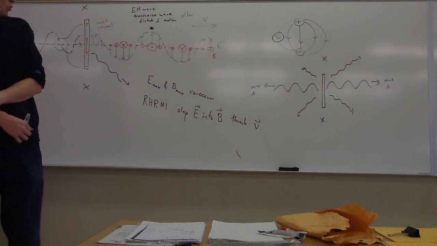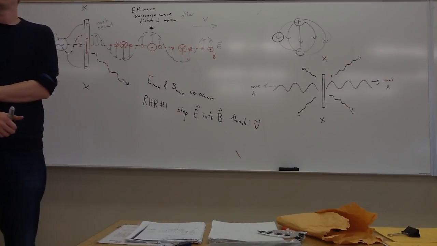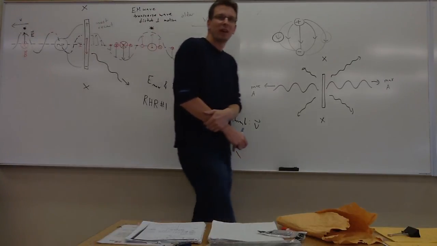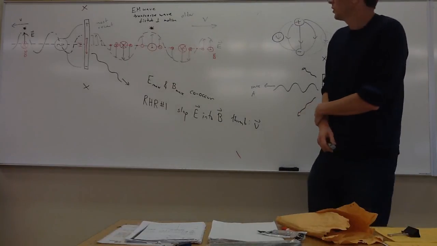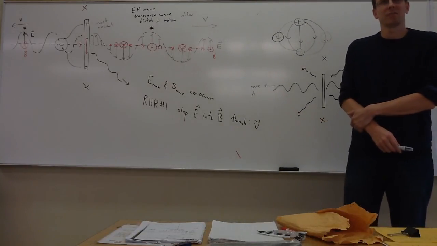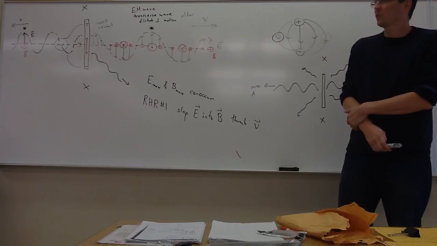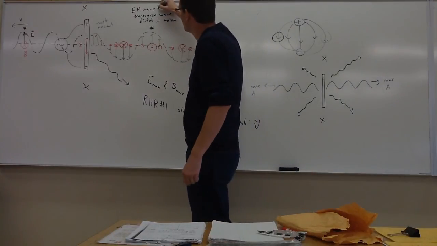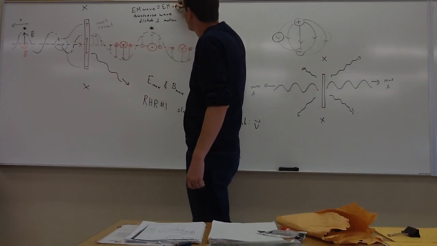All right, so I've convinced you, hopefully, that if we oscillate charges back and forth, we can get this wave that travels. So the question then is, okay, what is this thing? Well, other names for it: electromagnetic wave, also called electromagnetic radiation.